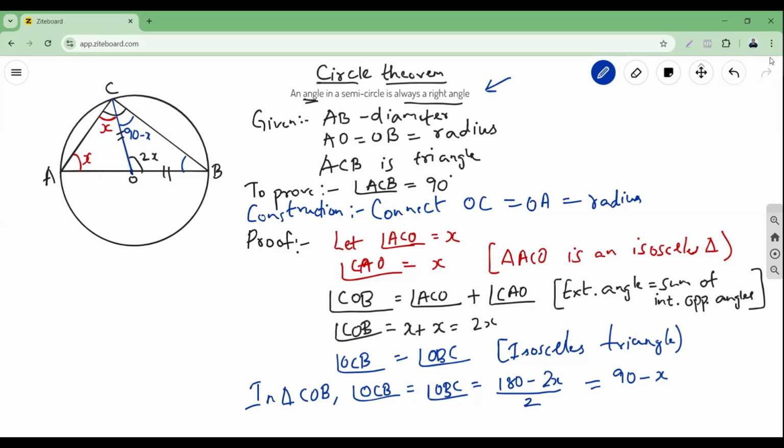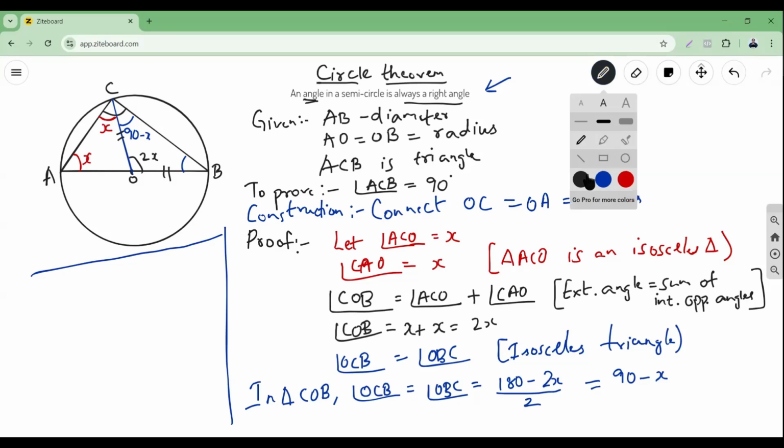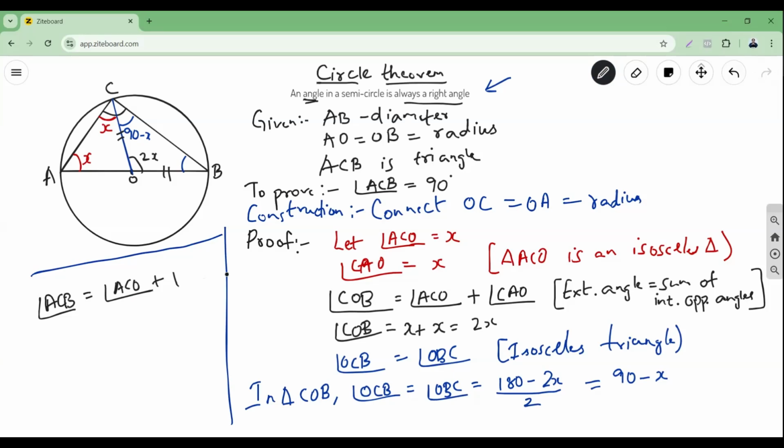I'm going to continue the proof here. I came to know that OCB is 90 minus x. Now it's just a matter of finding the entire angle C, the black color angle. Angle ACB is equal to angle ACO added with angle OCB.